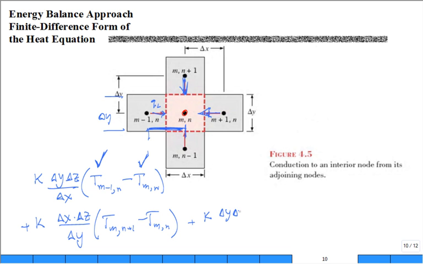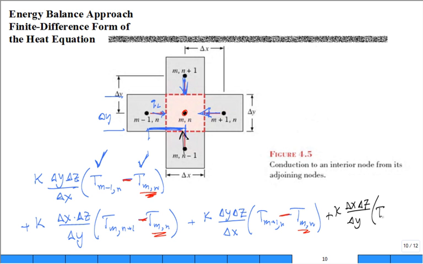Delta y, delta z divided by my length, the distance, delta x, times T at m plus 1 comma n minus T at m comma n. Notice that this is always a minus T at m comma n. And the same thing for this next one. Let's put k for this one coming up. Delta x times delta z divided by delta y times T at m comma n minus 1 minus T at m,n.